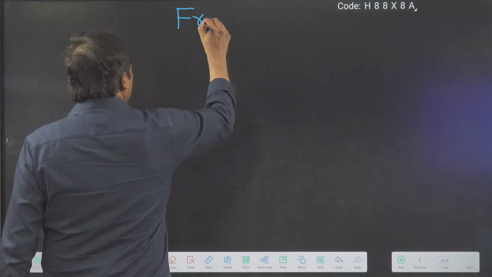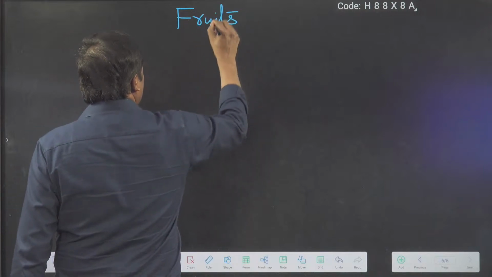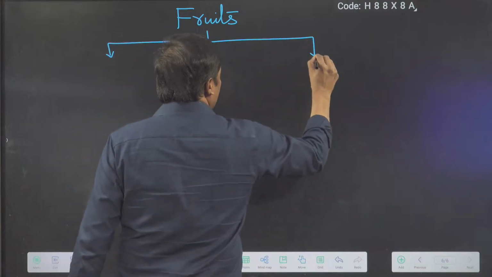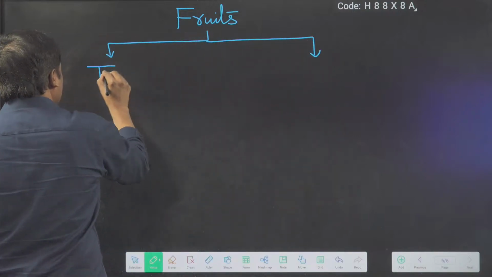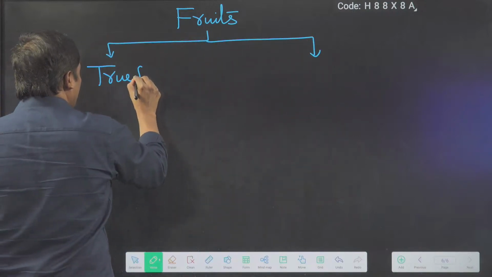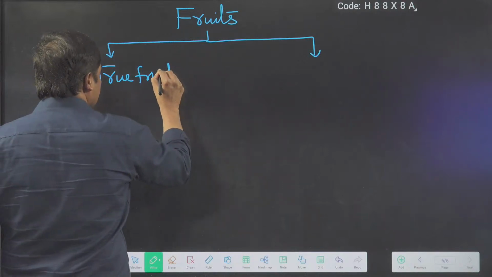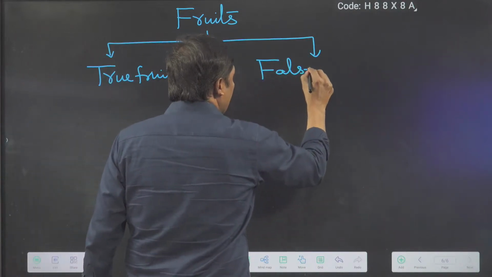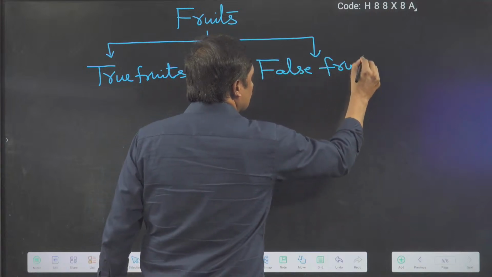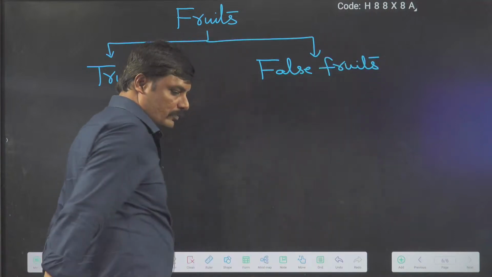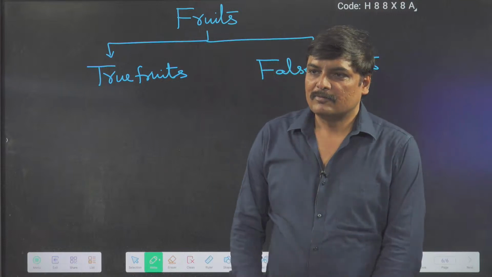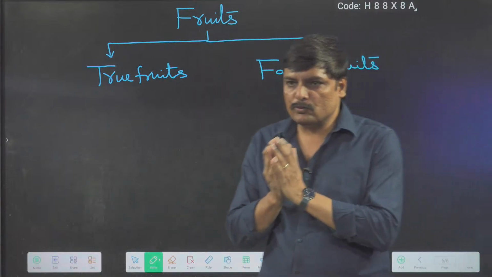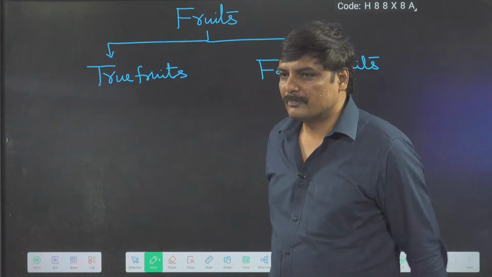Fruits are broadly divided into two types, namely true fruits and false fruits.